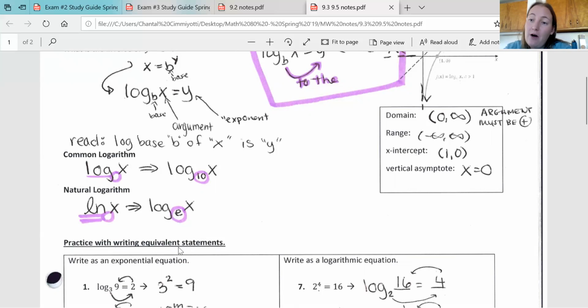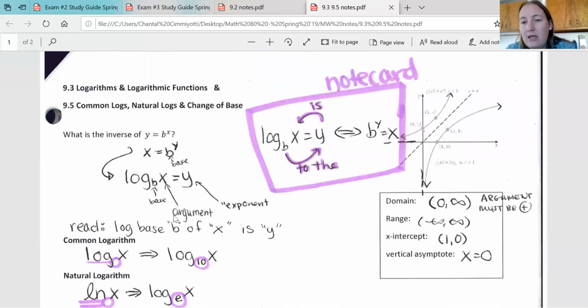If you look at your calculator, you'll notice that there's a log button right by an exponential, and there's an ln button that shares a button with the e, typically. Not always, depends on your calculator, but they're normally sharing a button or right next to each other, and I'll talk more about the calculator later.